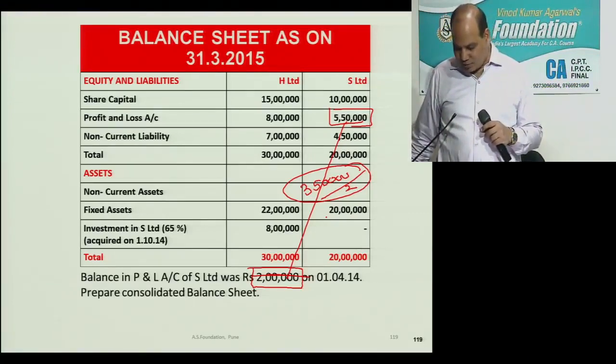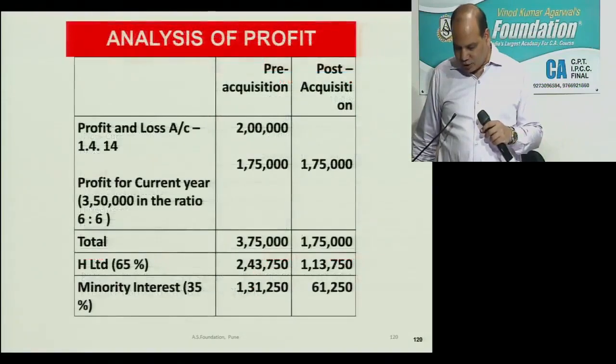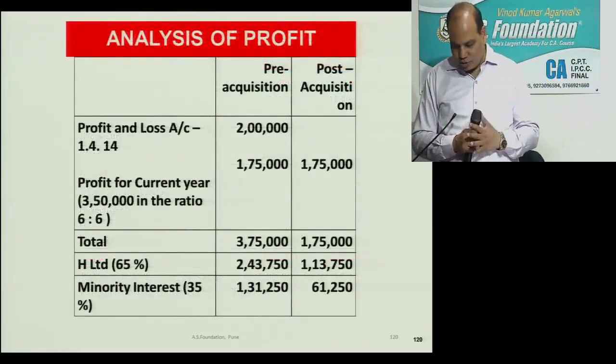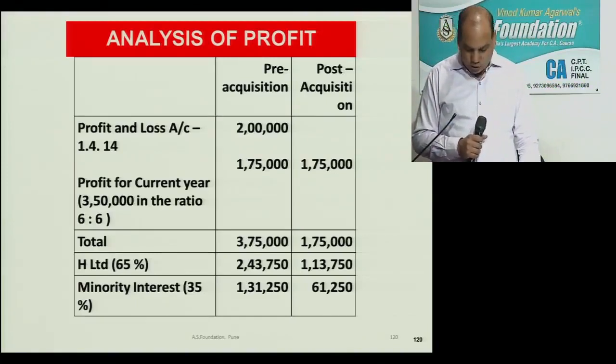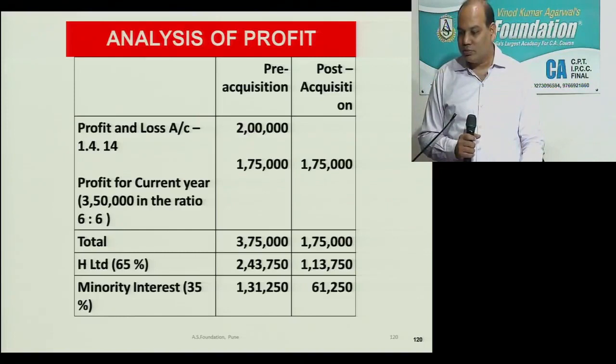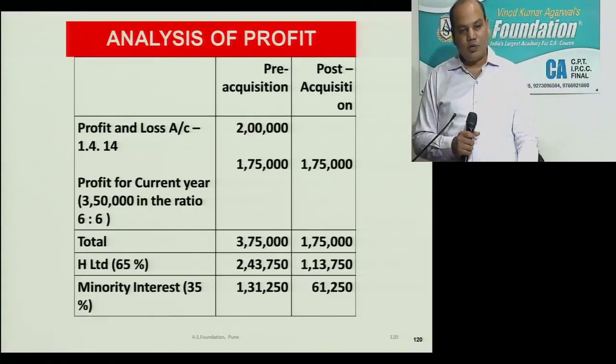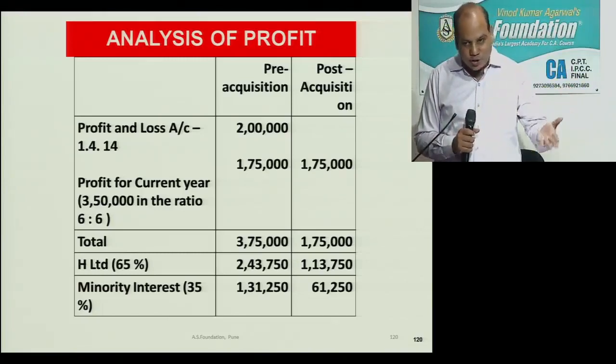Prepare CBS. So what I'll do, first I will prepare one working note, analysis of profit. Write down like this, profit and loss account balance on 1/4/14, only in pre-acquisition column write 2 lakh. Do you agree? This profit was already in existence before the shares were purchased, so this will go to pre-acquisition column.